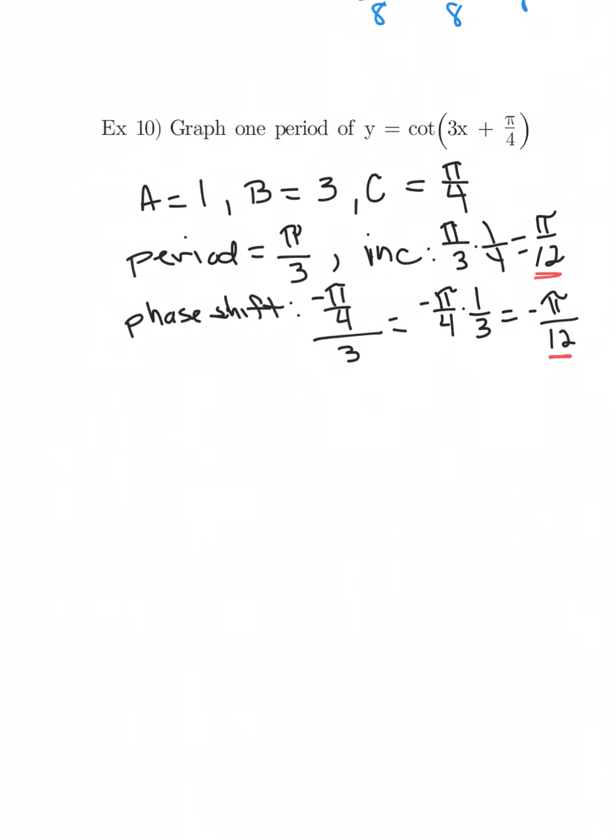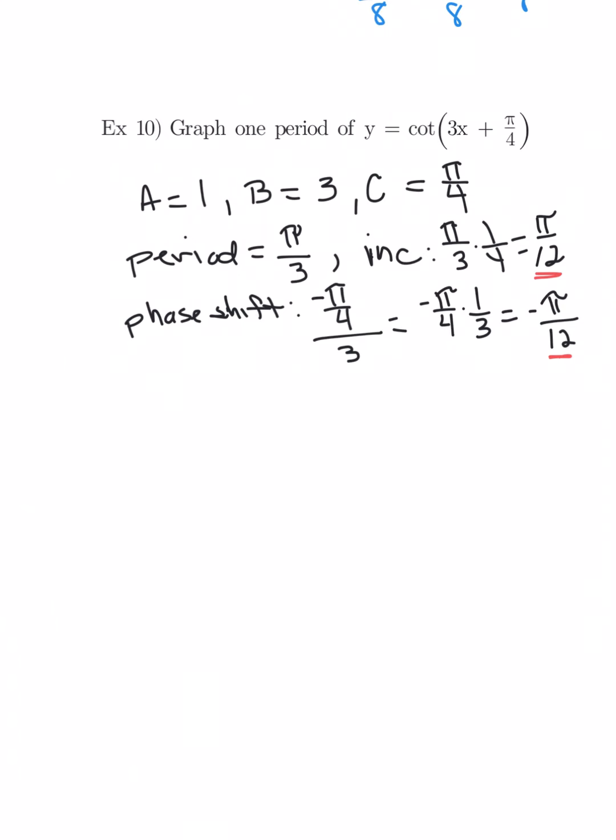Now remember that when you need to do a phase shift on a tangent or a cotangent, you have to move the 0 value first. On cotangent, the 0 value is at pi over 2. And I need to move pi over 2 left pi over 12.